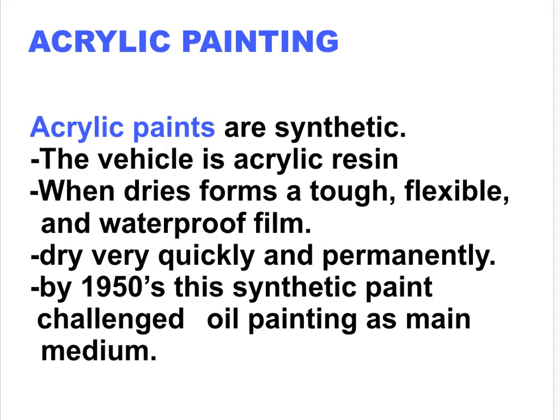They are probably the most similar in application as far as what it looks like and how you paint with it. And even skilled people can't always tell the difference between acrylic and oil paint. But one of the biggest differences is acrylic dries very fast, oil paint dries very slow, and so the way you paint with these two types of paint is completely different. It's just a whole different way of thinking about painting.